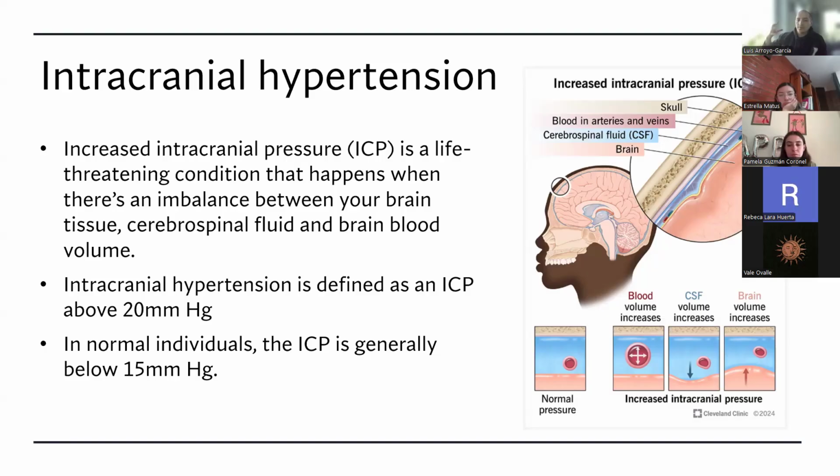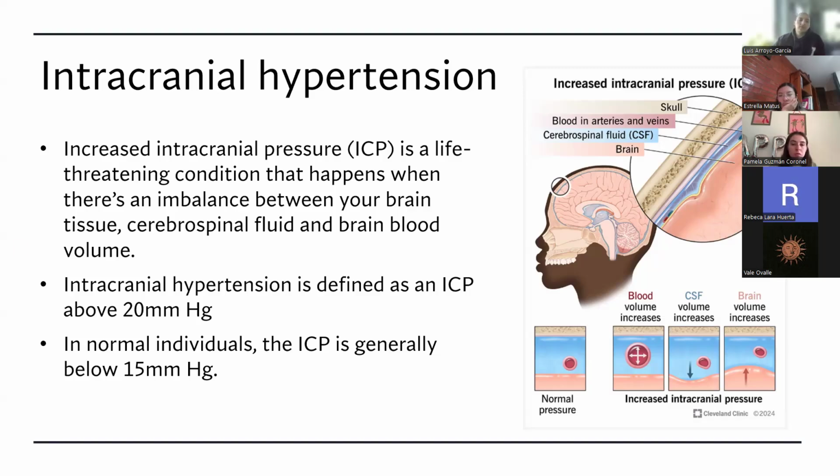But if you have an inflammation inside of the head, inside of the skull, you don't have any room, and that changes everything: the blood volume, the CSF volume, or the tissue volume. It will affect the tension, the pressure of the brain.